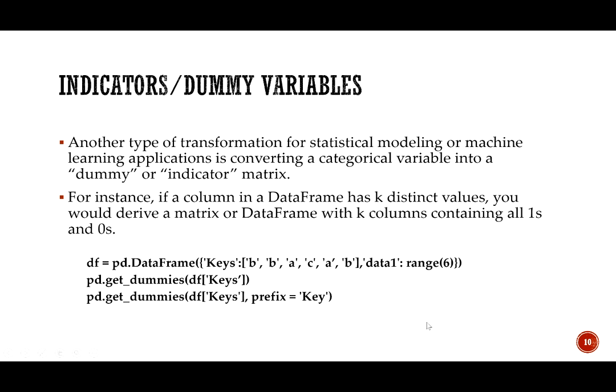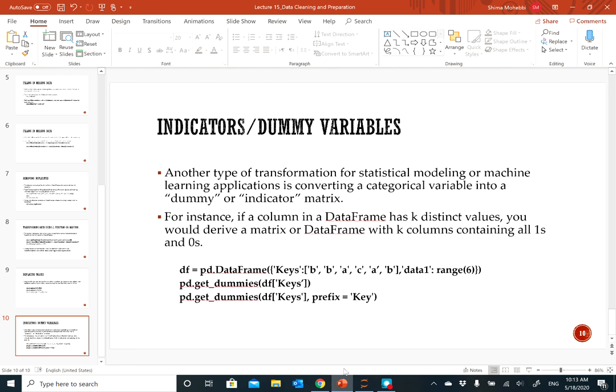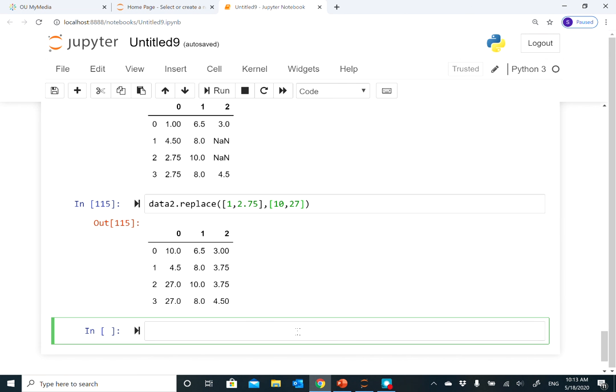So let me implement this in a notebook, then you can see what the results look like. So we are creating a data frame, and the first column has three main categories. So pd.DataFrame using a dictionary, keys, the first column, and then we have a list.